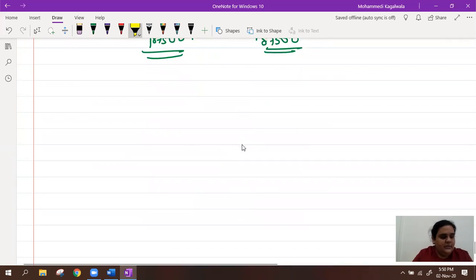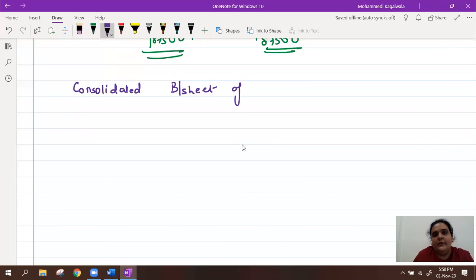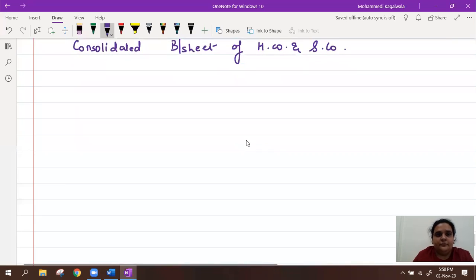Okay, so balance sheet, write the heading consolidated balance sheet of holding company and subsidiary company. Okay, we'll have particulars, note, amount and amount. Okay, this is the format.